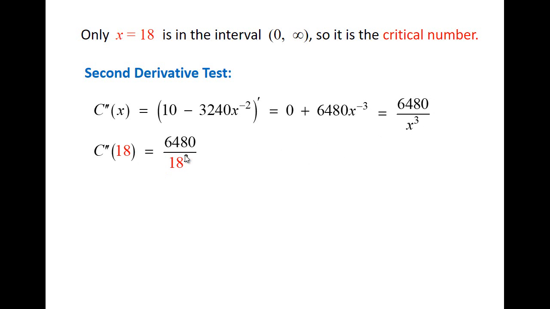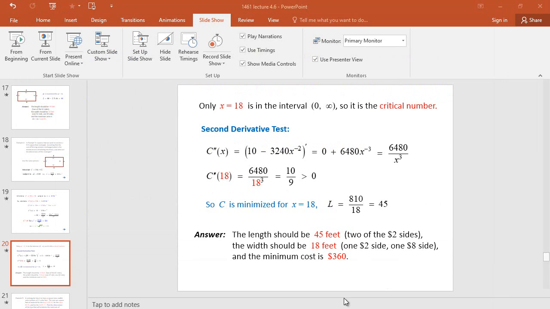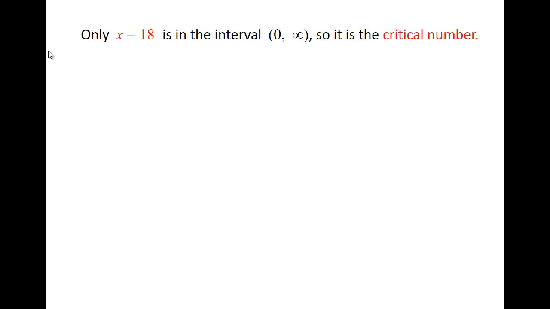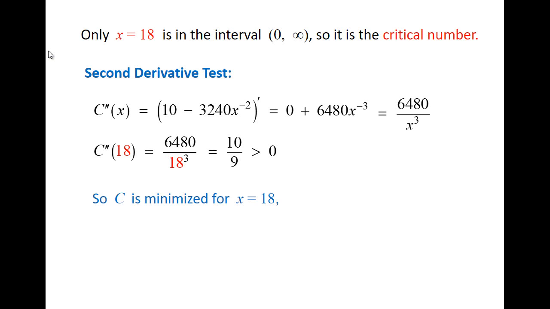Well, whatever it is, it's positive, so we know that the cost function is concave up at this critical point 18. So it has a local minimum at 18, and that's going to be the absolute minimum as well. So we see that the cost is minimized for x equals 18.